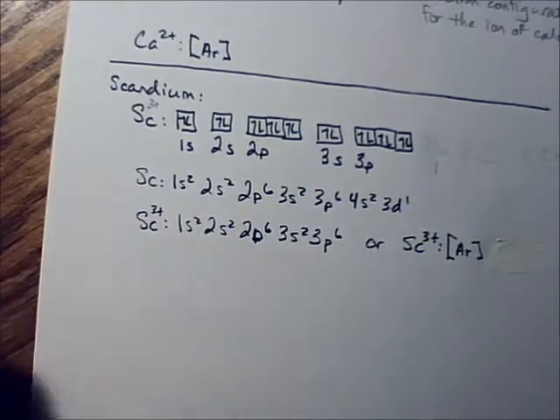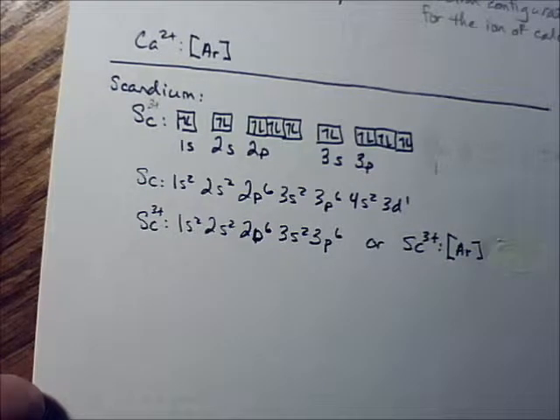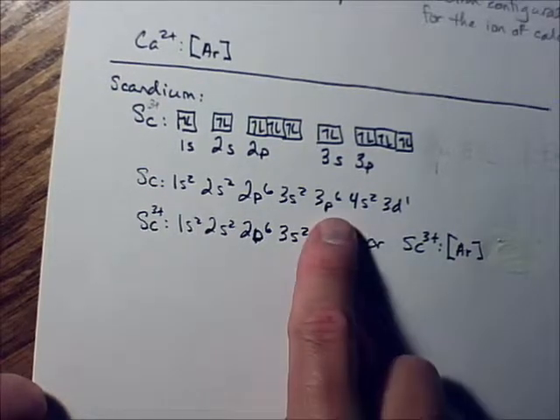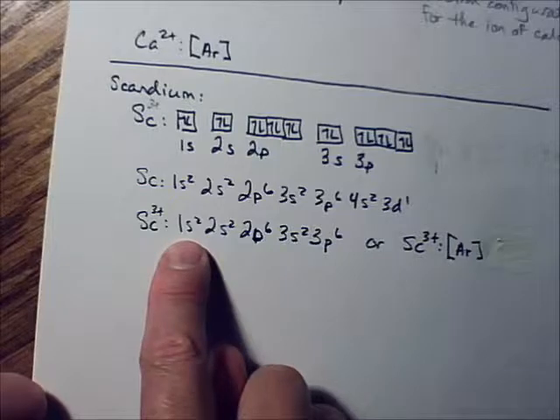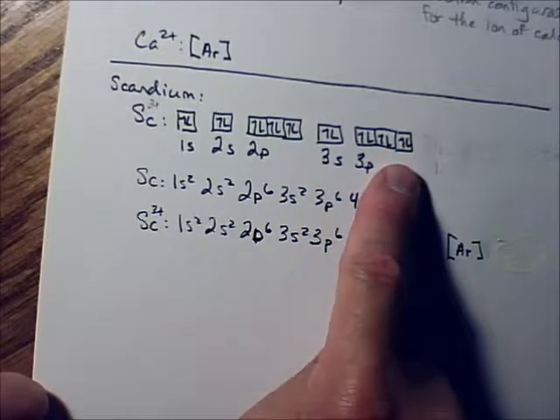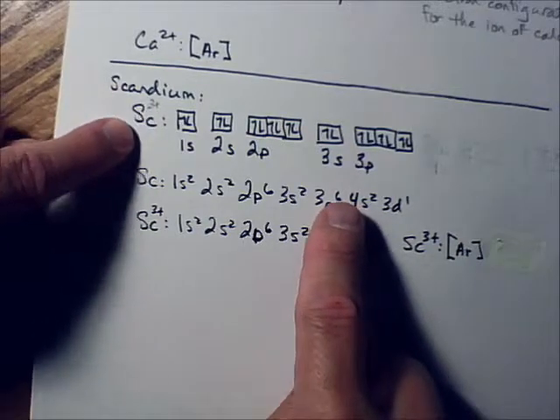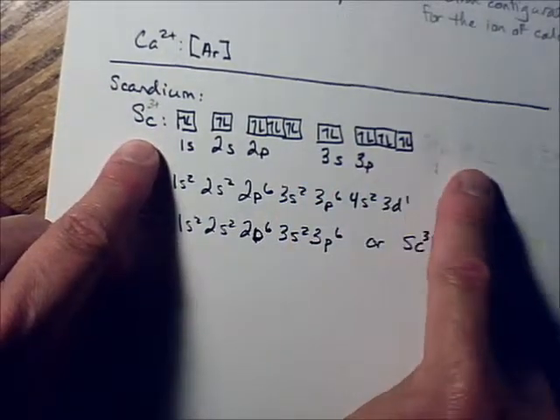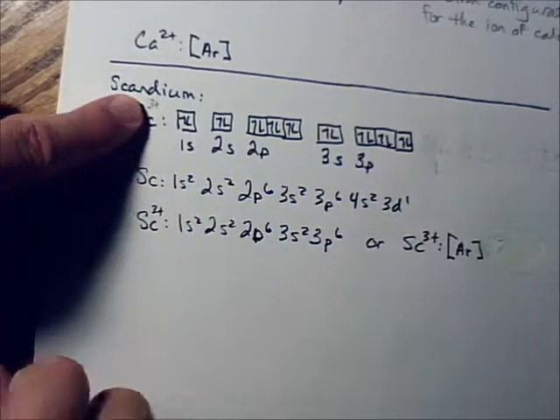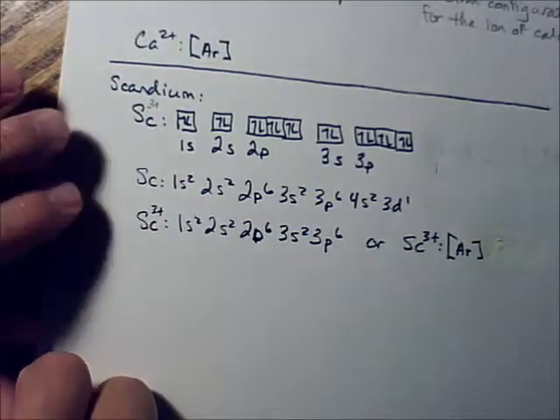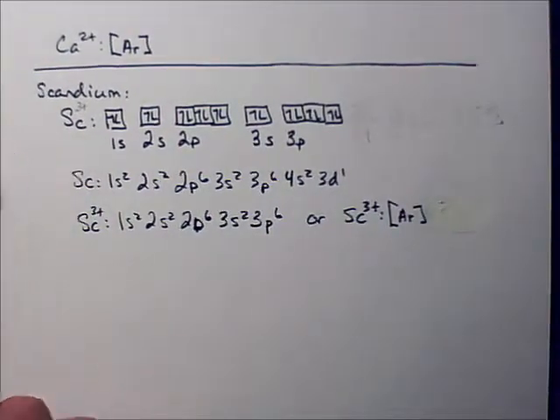If you took those 3 out, how come you left them on there? This is the atom, this is the ion. Well, I was just showing you the difference between the atom, which had the electrons up here, and the ion, which doesn't. Trying to show you what happens to get the ion. Okay?